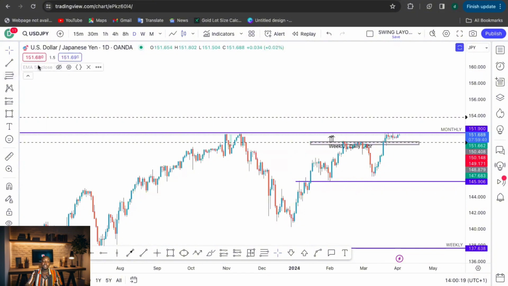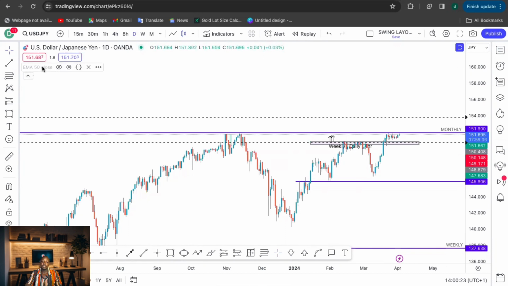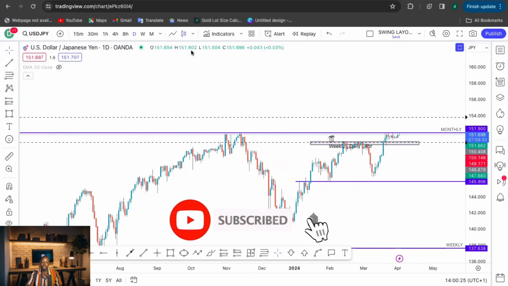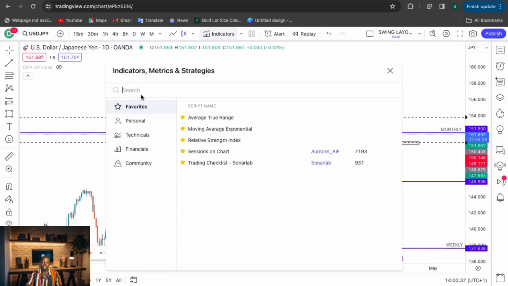I use the 50 exponential moving average. Now, if you want to get this moving average, just come to your TradingView here, click indicators, and type EMA. You find moving average exponential. You click that. I've starred it so I wouldn't have to go and look for it anymore.